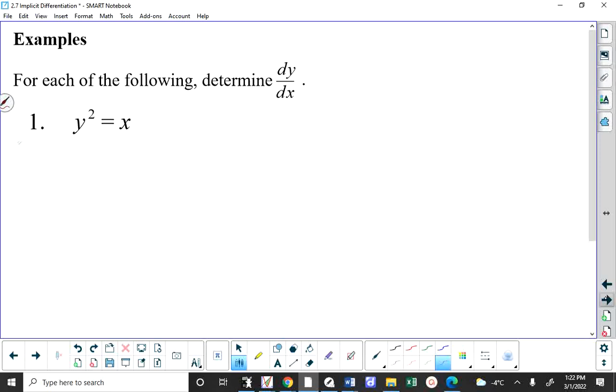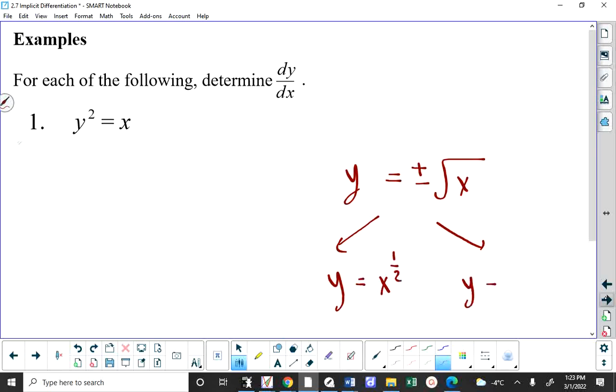The thing we want to find the derivative of in example 1 is y squared equals x. Now, if you want to do what we've been doing before, then you need to rearrange that for y. And here's the problem. When you rearrange this for y, which we're not going to do, you end up creating two different functions.